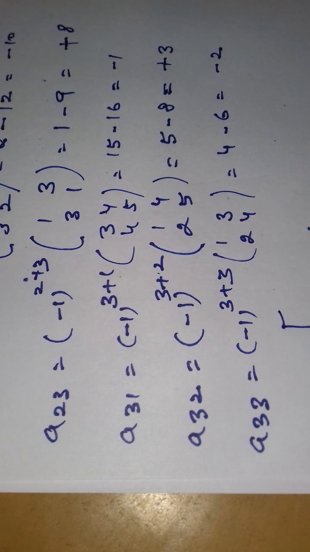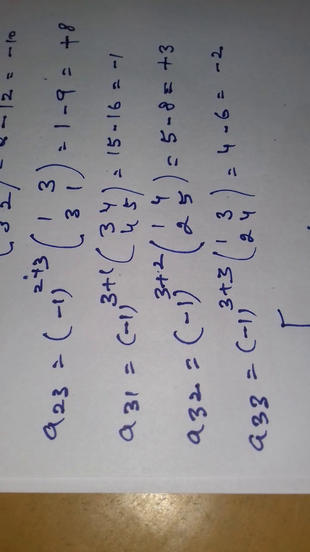We can write the cofactors as: first cofactor A11 is 3, then 11 and minus 10. Again minus 2, minus 10 and 8, then minus 1, 3 and minus 2.